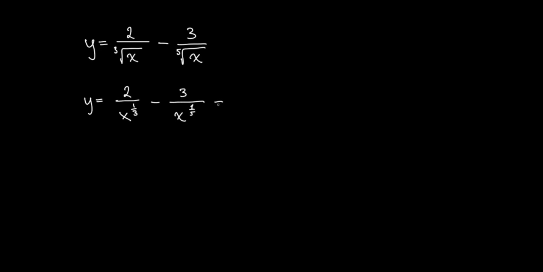And now finally, in order to get rid of the fractions, we can use the negative exponents rule. So this would simply be 2 times x to the power of negative 1 over 3 minus 3 times x to the power of negative 1 over 5. So now we can actually apply the power rule.